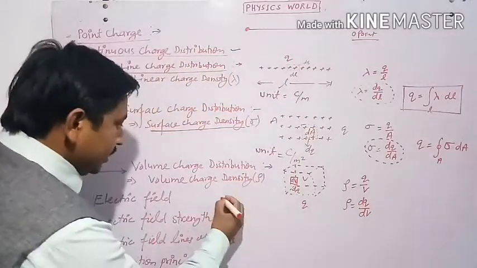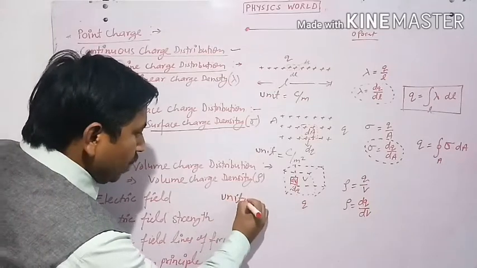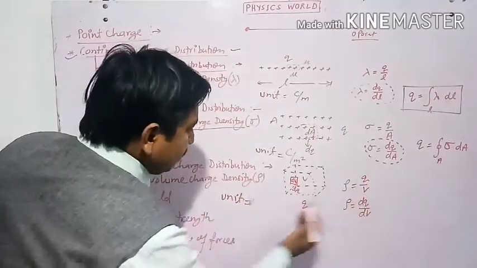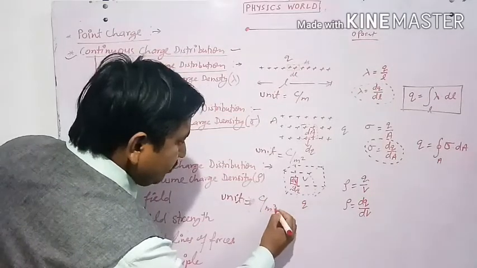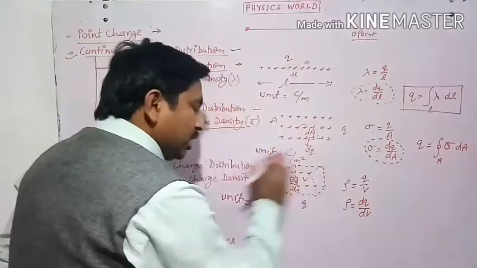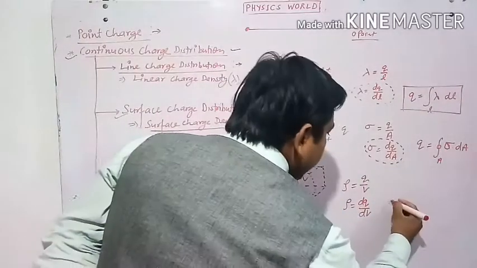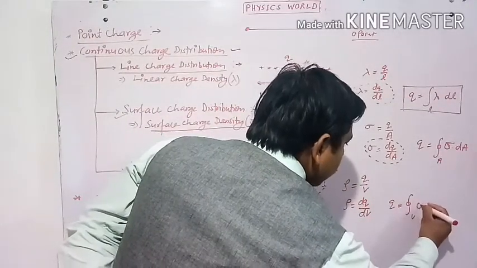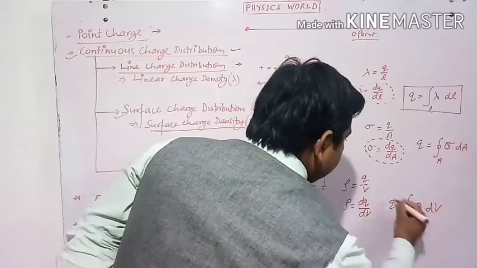Now the unit of volume charge density is coulomb per meter cube, and the total charge distributed over the volume can be expressed by the volume integration of rho dV.